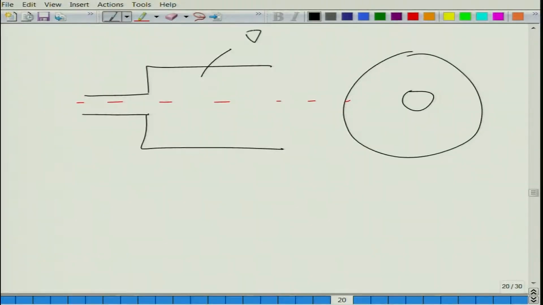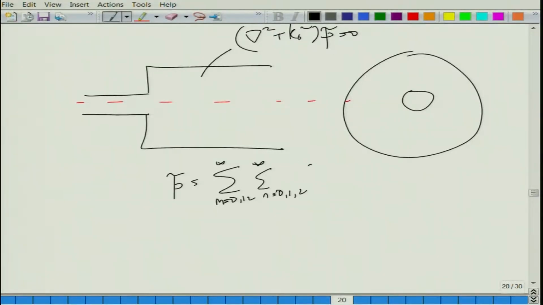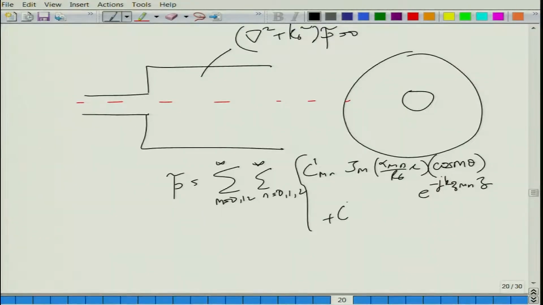What it means is that over this domain you still have P equal to 0, and then you can express this as a modal summation, m equal to 0 to infinity, n equal to 0, 1, 2, 3 to infinity, C m n J m alpha m n by r naught into r, cos of m theta, plus e to the power minus j k z m n into z, this entire thing plus you can call this C 2 m n. You get this sort of a thing.